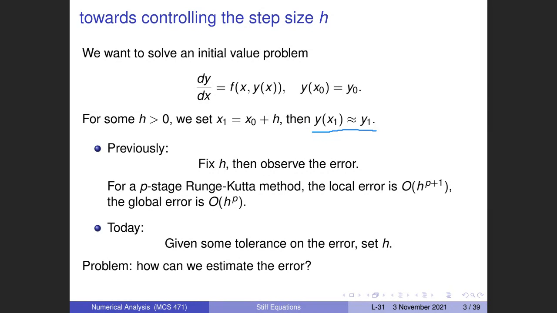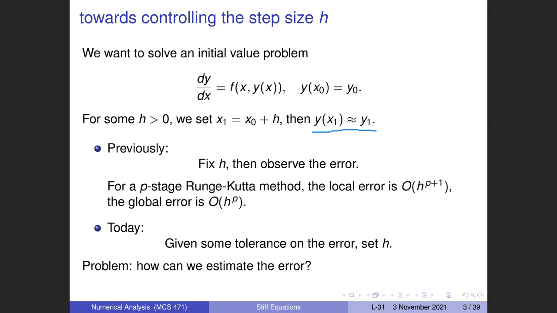So we have Runge-Kutta methods. P-stage Runge-Kutta uses p function evaluations and has a global error of h to the power p. There is a big O there, so the constant matters in this course. But this is the expected behavior.